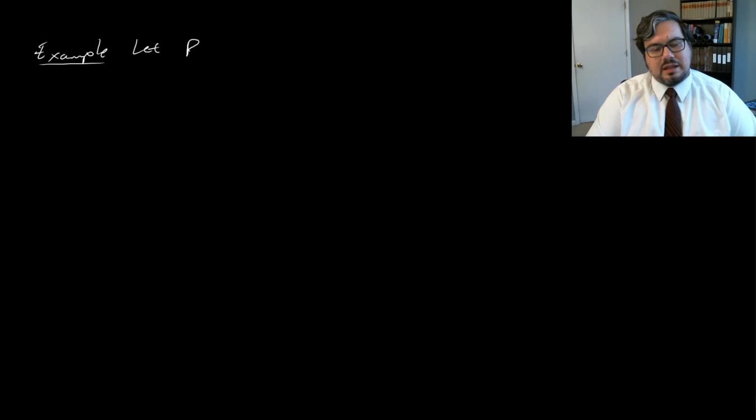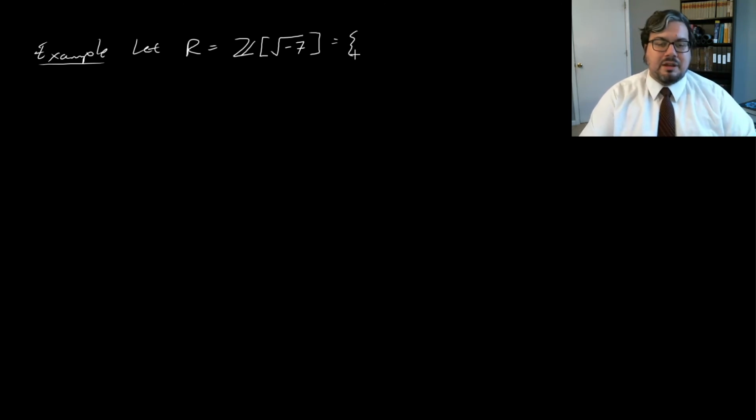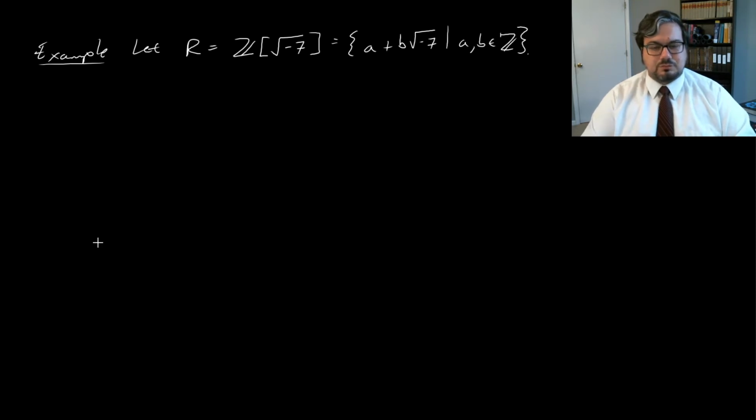So, let's look at an example. Let's let R be the ring Z adjoin the square root of -7. Now, this is a ring whose elements look like A plus B times the square root of -7, where A and B are both integers.